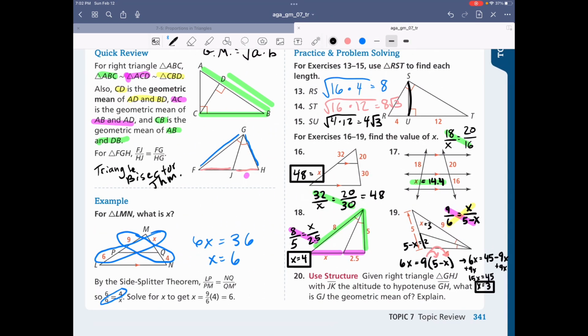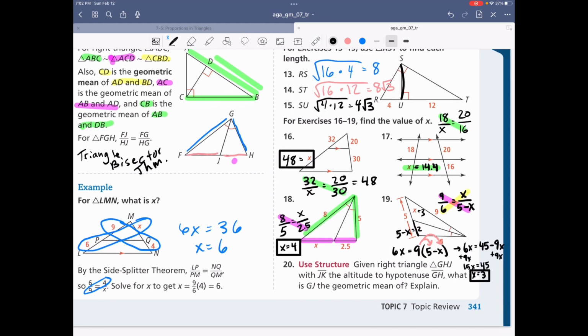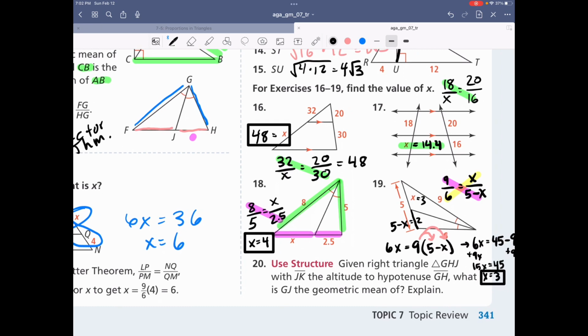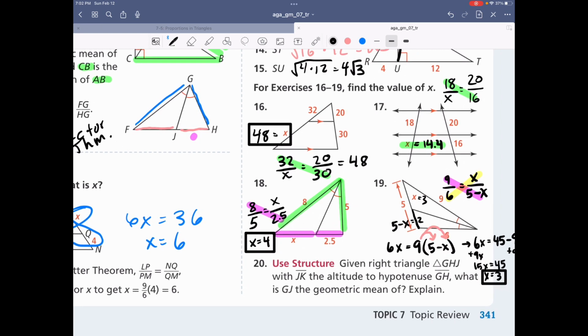All right. Last question, number 20. Use structure. Given a right triangle GHJ, with JK as the altitude to the hypotenuse GH, what is GJ the geometric mean of? Explain. This is making me think, draw a picture.